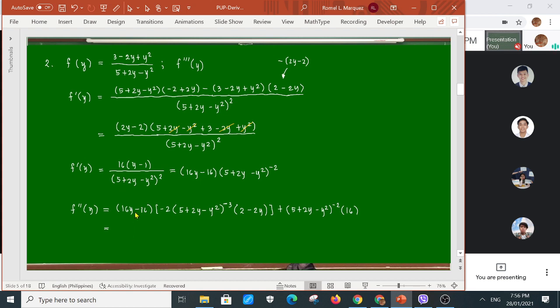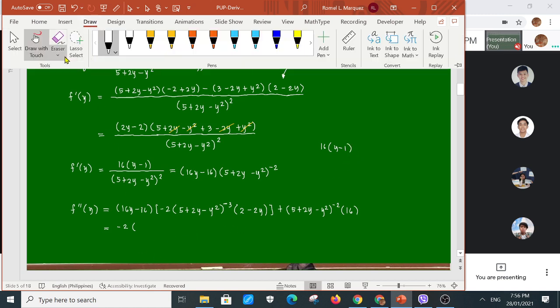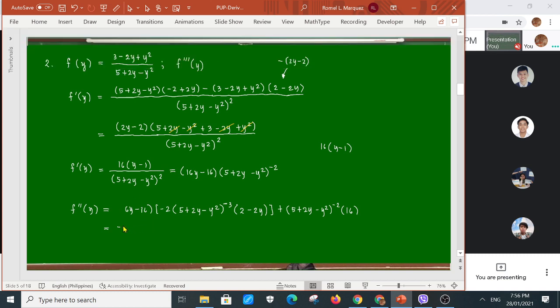So, we now have negative 2. This, negative 2. Let me factor out negative 2 first. And then, this 16 y minus 1. Understood, children? Because we need to save on algebra. This, children, 16 y minus 1.